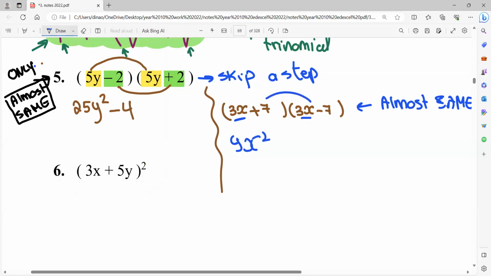And then multiply second times second. Positive 7 times negative 7 is negative 49. Now, this is for the skip step. Okay, and this is for the second case, which is the almost same brackets.